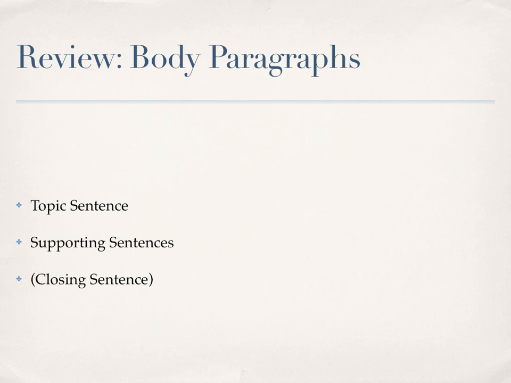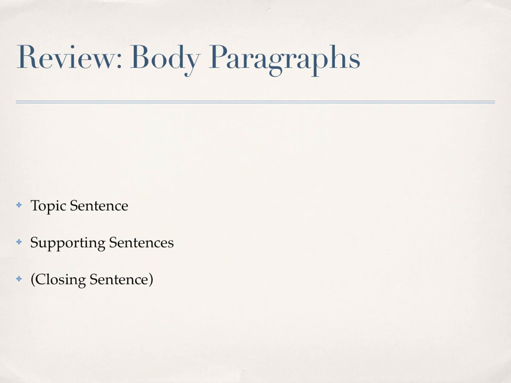So to review, there are three or sometimes two main pieces of a body paragraph. All body paragraphs need a topic sentence, an umbrella sentence that captures the main idea of the coming paragraph.